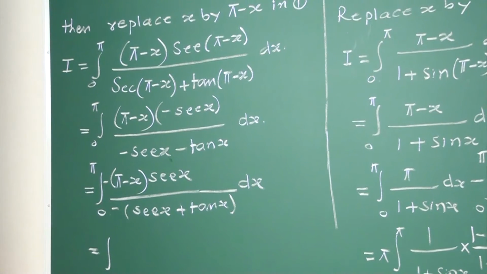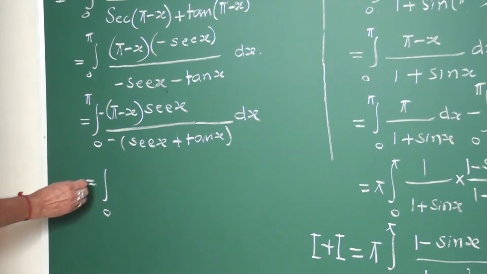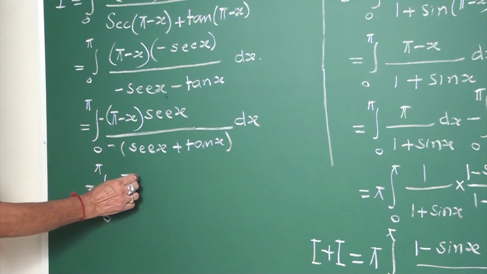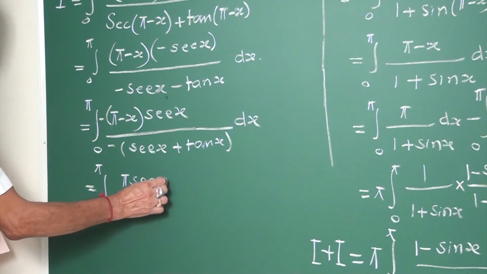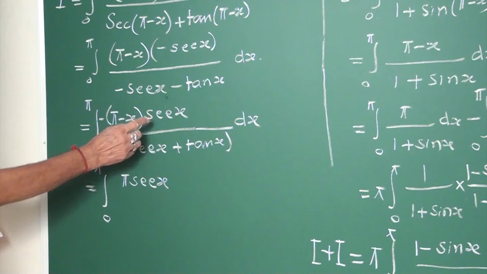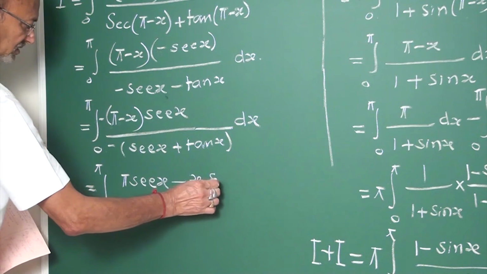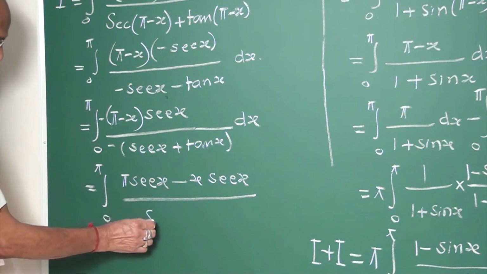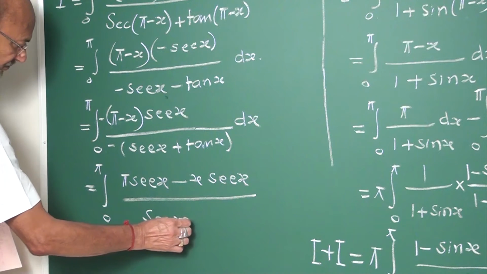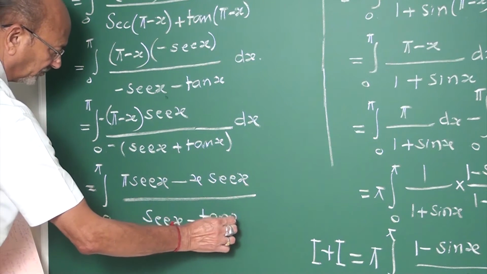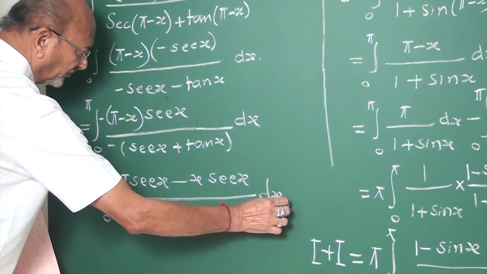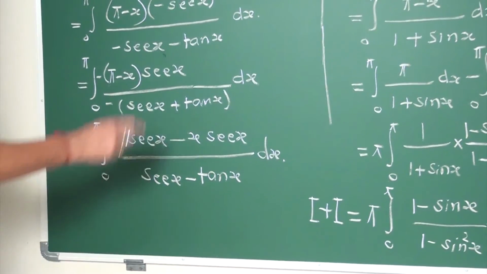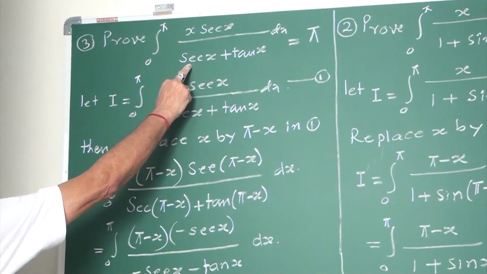Therefore, it is definite integral 0 to pi, pi minus x sec x, denominator is sec x minus tan x. Yes, my friend, I hope all the steps are clear. See, this is the definite integral.